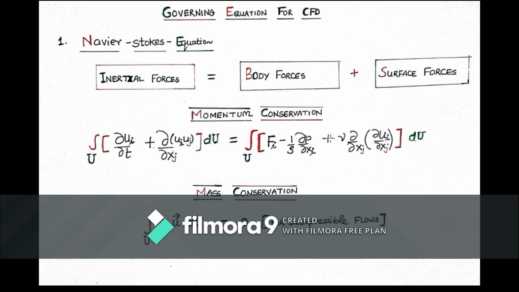Here the shear forces we have represented in terms of velocity gradient from Newton's law. Now we have taken a volume integral on both sides. The need for taking a volume integral is because we are talking about a control volume.